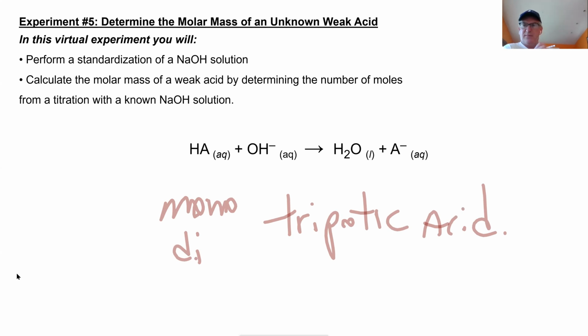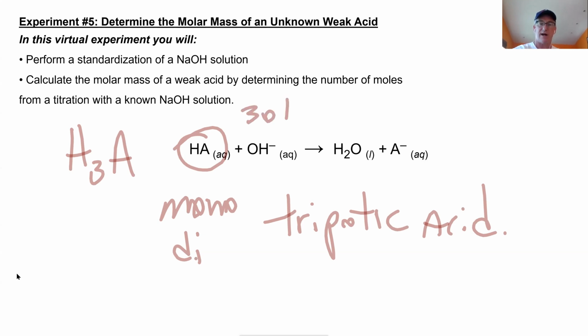Because a lot of people, when they did the recitation on this, didn't write out an actual chemical reaction. They didn't have a balanced chemical reaction. If we had a triprotic acid, that would be H3A, and it would take 3 moles of hydroxide in order to get all 3 of those protons removed.